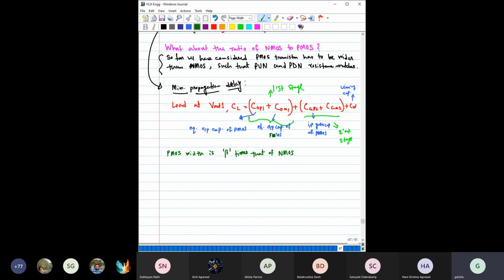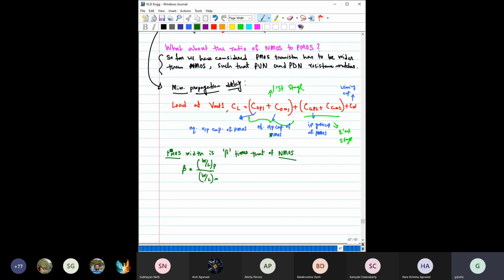You have to be careful, sometimes I write small n, sometimes capital N. So this PMOS width is beta times that of this NMOS, which means beta is the W by L ratio of the PMOS divided by the W by L ratio of the NMOS.